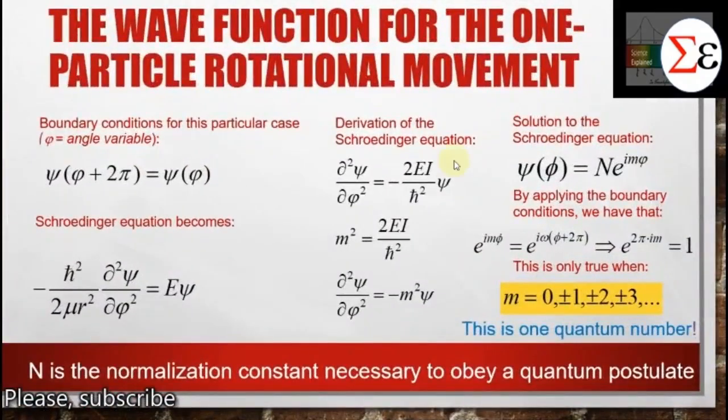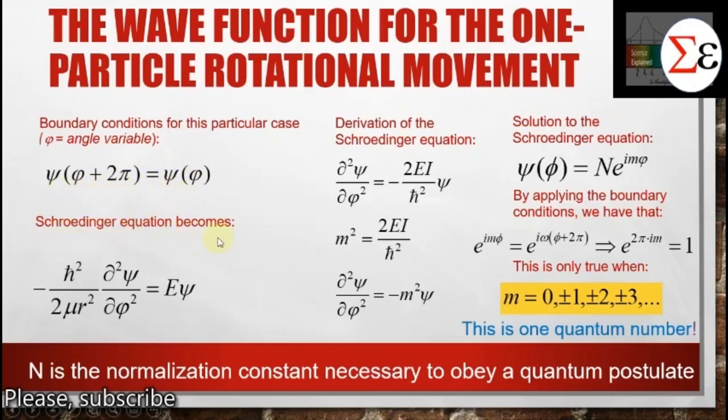The boundary condition for this particular case, where phi is the angle variable, is given here. When we have psi of phi, it is the same as psi of phi plus 2 pi. Then we have a complete cycle, and in this case, the wave function is the same.